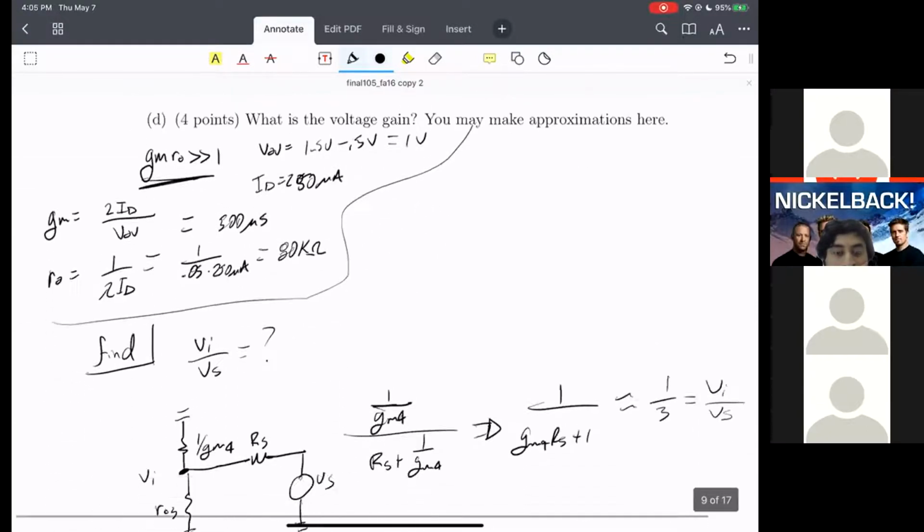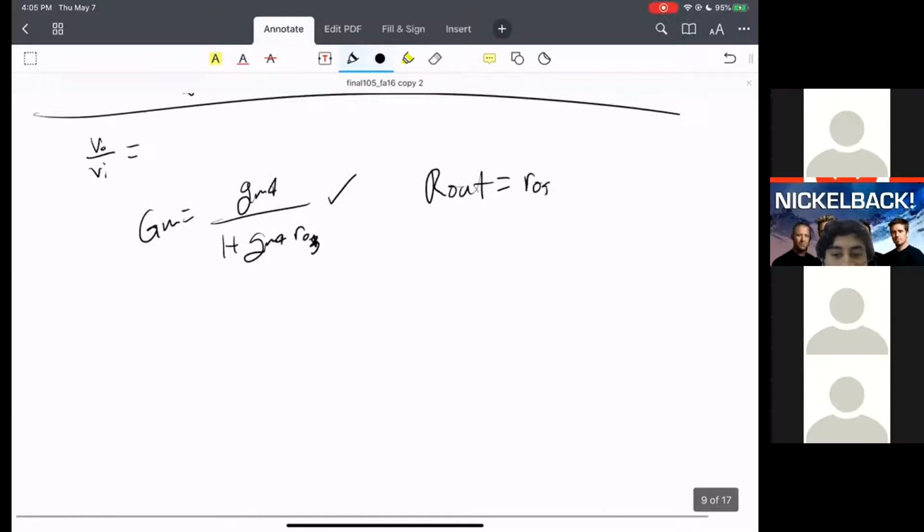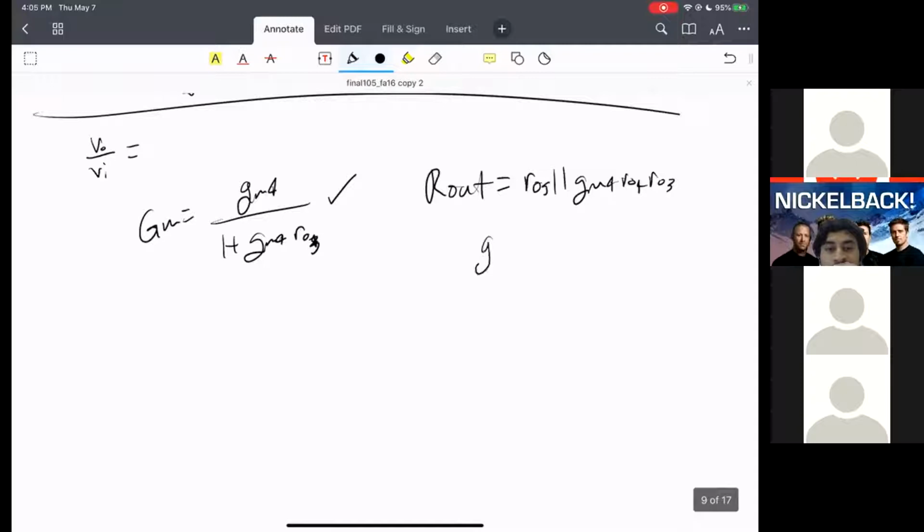So that's kind of what ends up happening: ro5 in parallel with gm4 ro4 ro3. From this, we can tell that gm4 ro4 ro3 is much, much bigger than ro5, and for that reason we can approximate Ro out to be ro5. Another thing to keep in mind is that ro5 is equal to ro3.